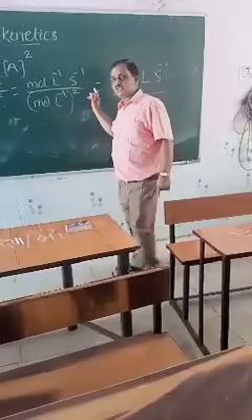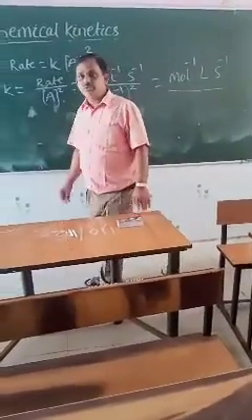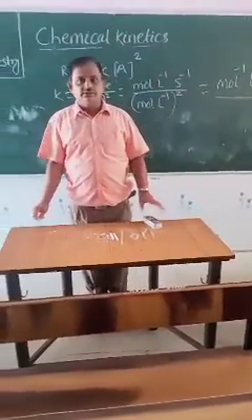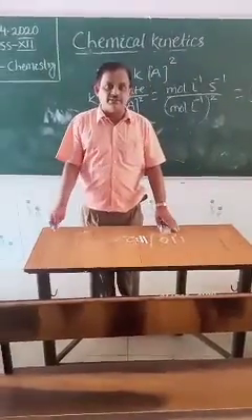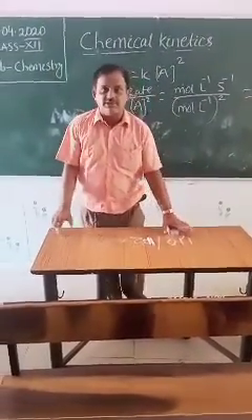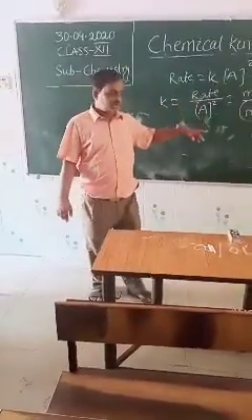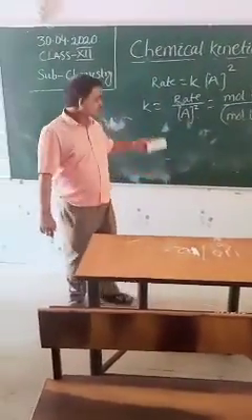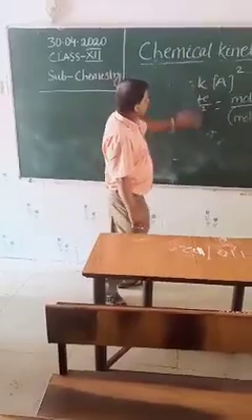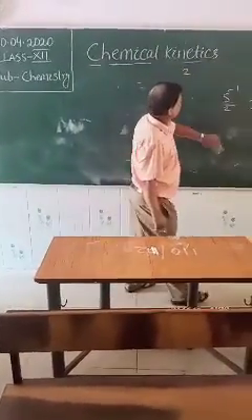So any question can come in the exam from the unit of rate constant. The order is given, find out the unit of rate constant, or the rate constant unit is given, find out the order of reaction. So from the unit you can also find out the order of reaction.